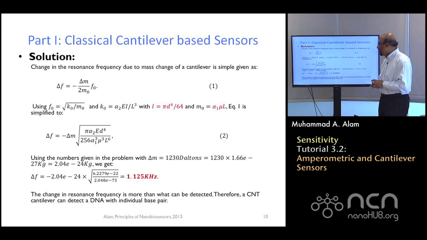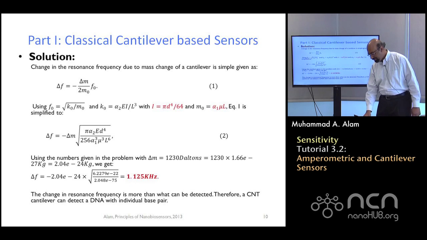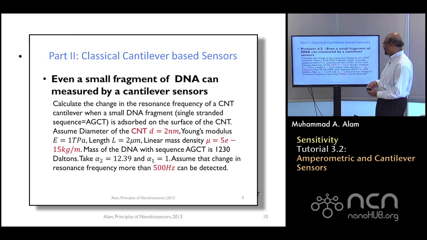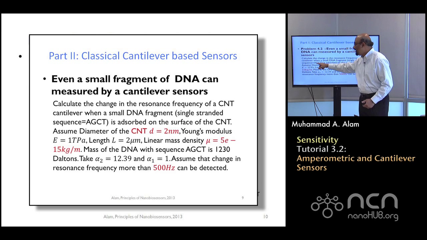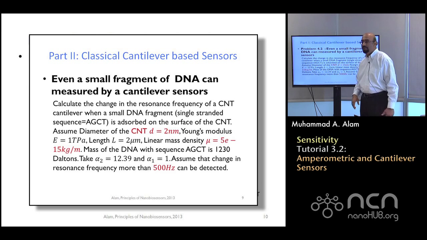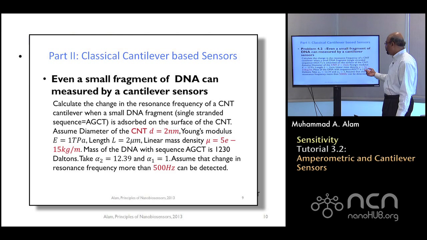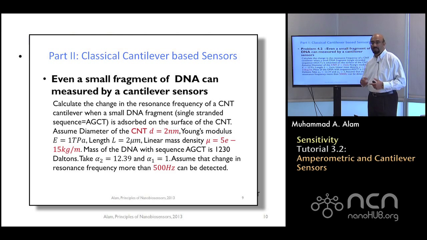Now, this is simply for a DNA of having, let's see, there is 4 base pair, assume, A, G, C, T. So there are 4 base pairs. So each one of them has about, the total is about 1230 Daltons. Dalton is, you multiply with mass of a proton.